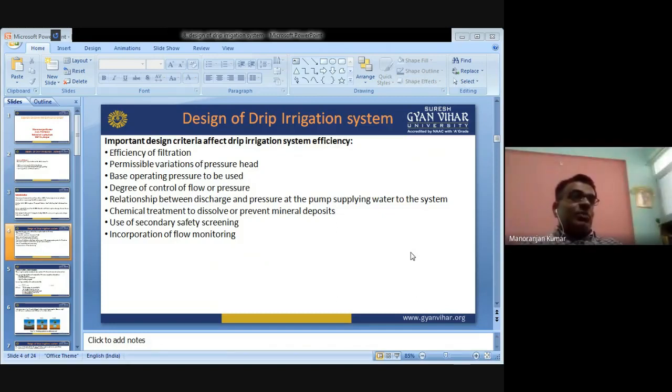Other ones are the base operating pressure to be used, degree of control of flow or pressure, a relationship between discharge and pressure at the pump supplying water to the system. This is also one criterion. Other ones are the chemical treatment to dissolve or prevent mineral deposit, use of secondary safety screening, and incorporation of flow monitoring. These are the important design criteria which affect the drip irrigation system efficiency.